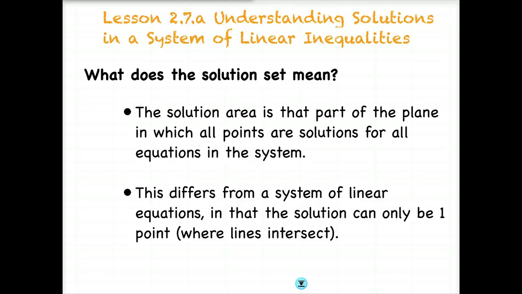And you were able to see that where they overlap, those points would be solutions to both equations. And we tested a point in the overlapping area in order to make sure that was true. This differs from a system of linear equations in that in a system of linear equations, the solution is only one point. It's where the lines intersect.